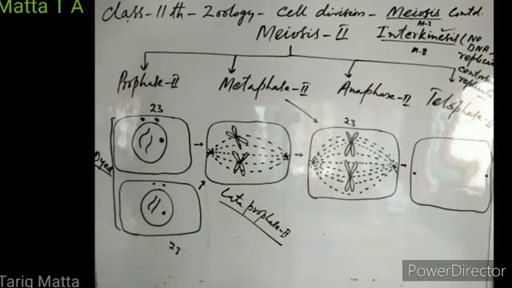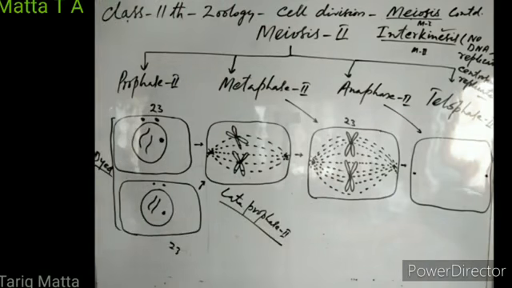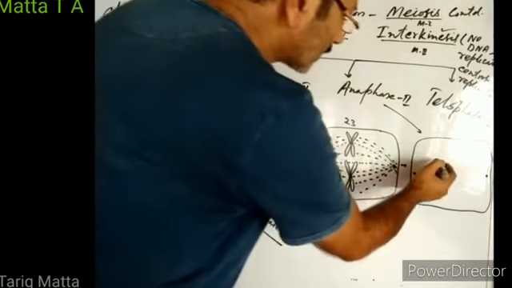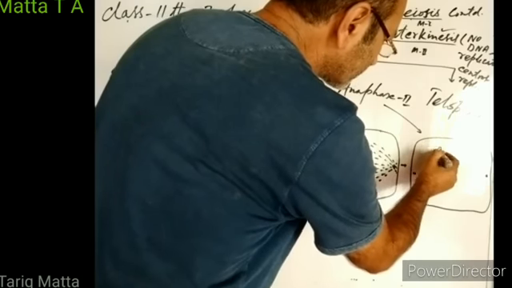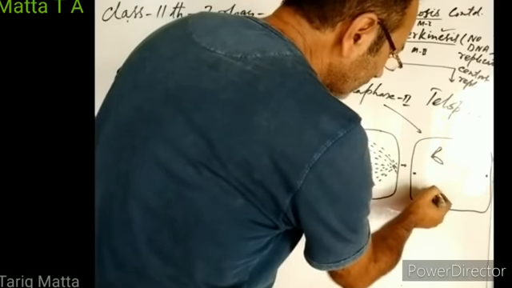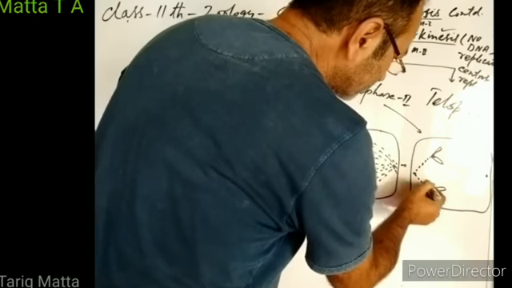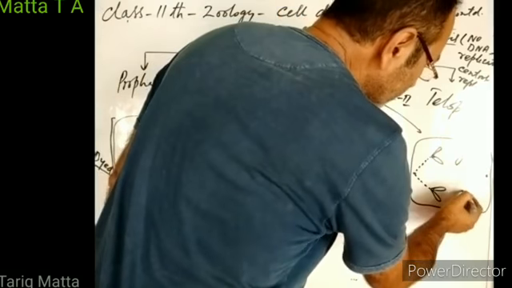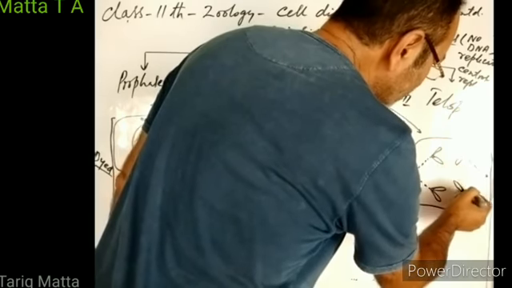In anaphase second, the kinetochore spindle fibers will shorten and they will pull the chromosomes to two opposite poles of the cell, breaking the centromere and separating the sister chromatids from each other.